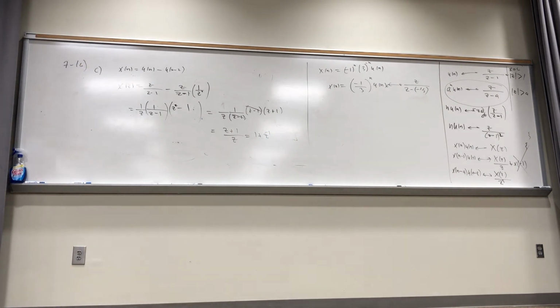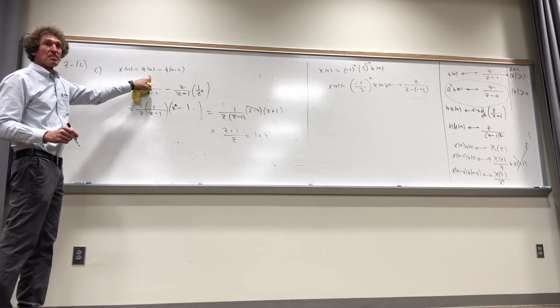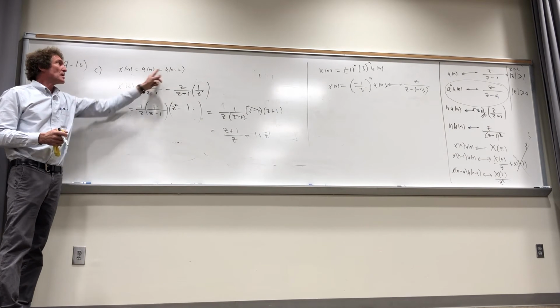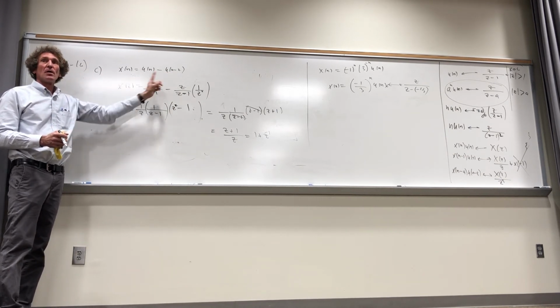Now, the easy way to do this one, if you wanted to do it real fast, is this. Just think about the values that are non-zero. What is this function at n equals minus 1? 0. When n equals 0? 1.